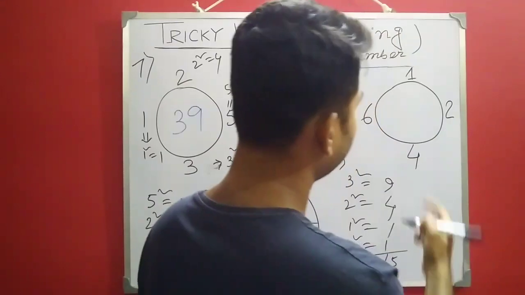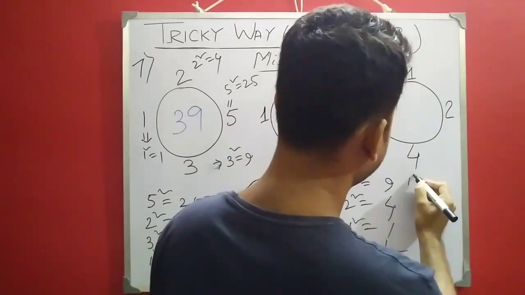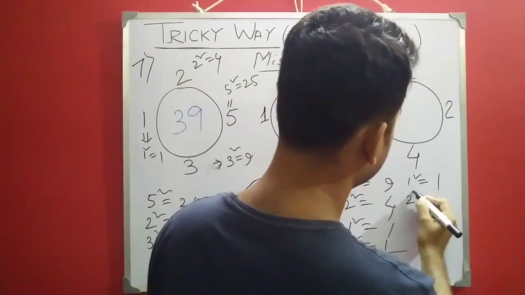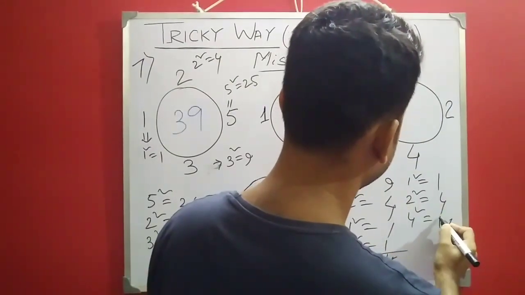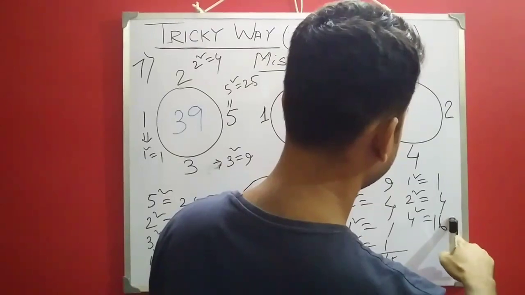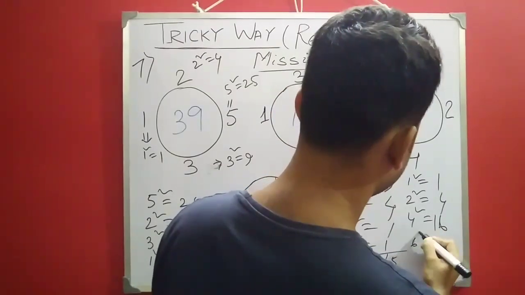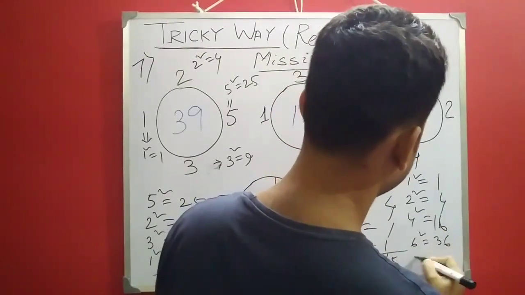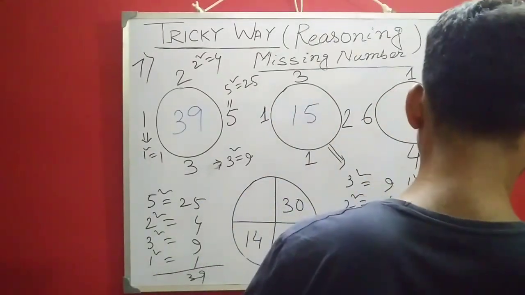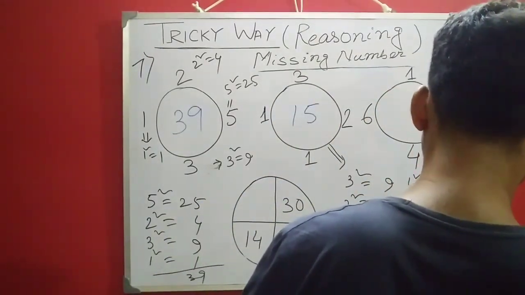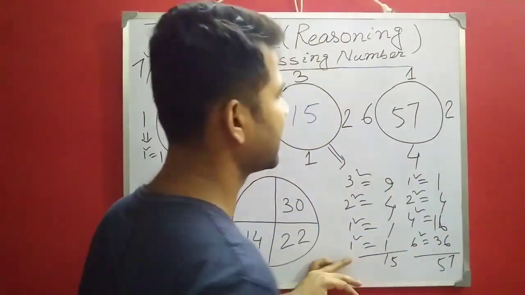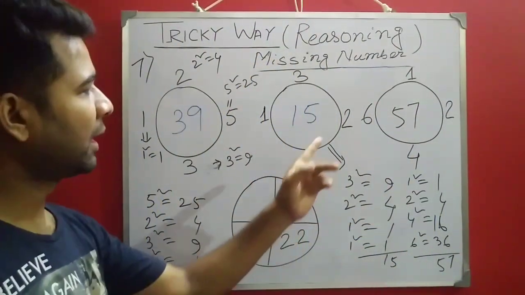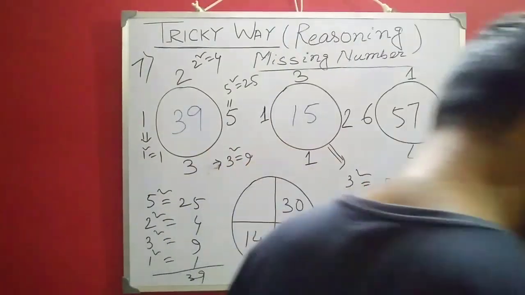So what will be the value for this? 1 square equal to 1, 2 square equal to 4, 4 square equal to 16, 6 square equal to 36. So 57 will be the answer for this question.